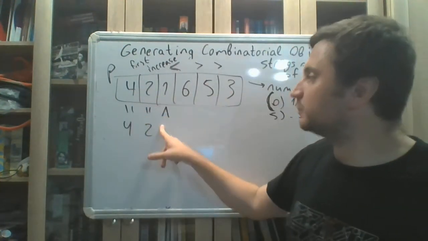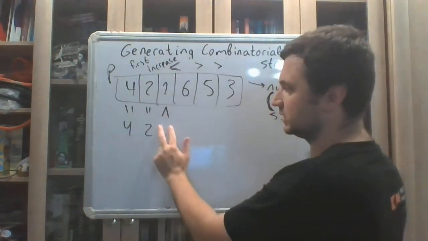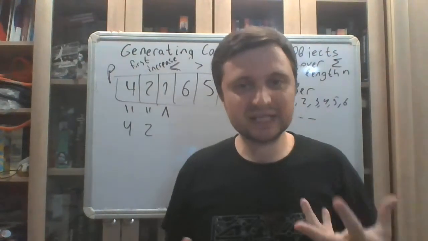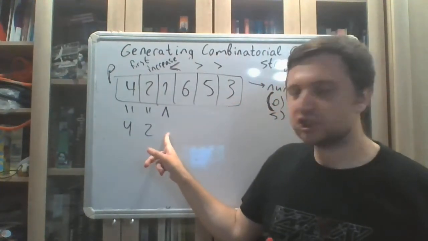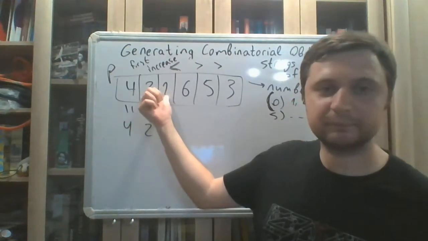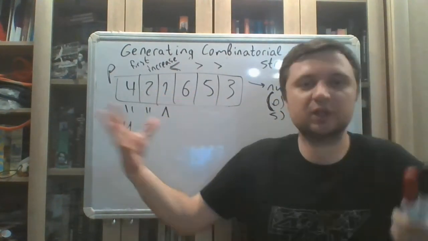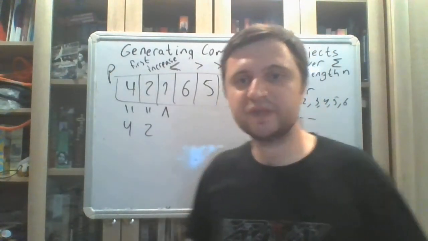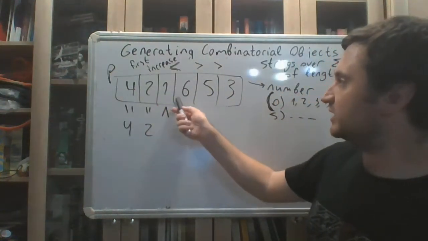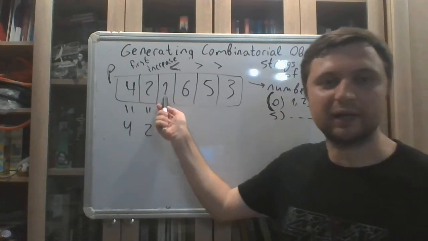So here I could make it a 6, but among such words, to be the next one, I want this digit to be as small as possible, but larger than 1. Because why use a 5 if 3 is better, is closer in the dictionary? So the answer is to use the smallest of these digits that is larger than 1.